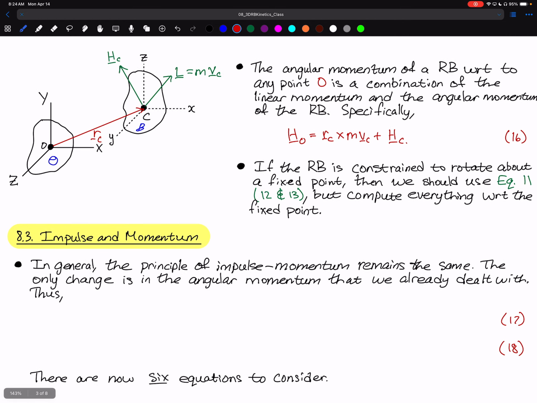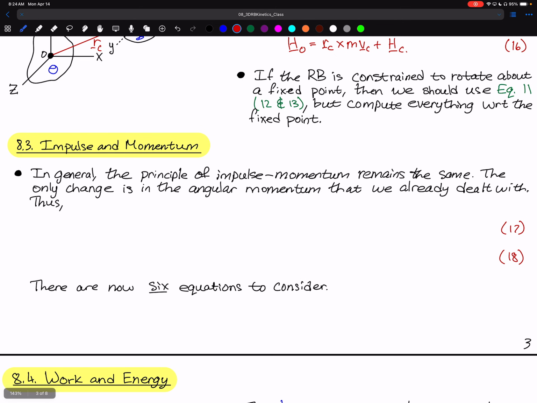All right, with that we're going to move on to take a look at impulse momentum. We'll then look at work and energy, and then after that we'll be on our way to look at equations of motion. Okay, so in general, the principle of impulse momentum stays the same. The only change is the angular momentum, which we've already derived.